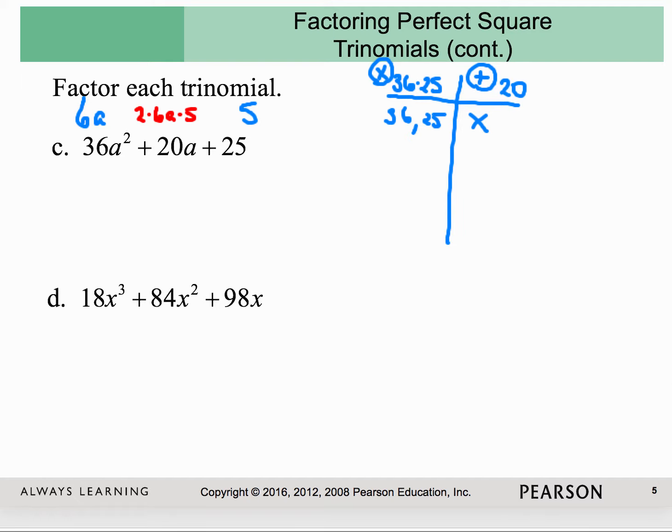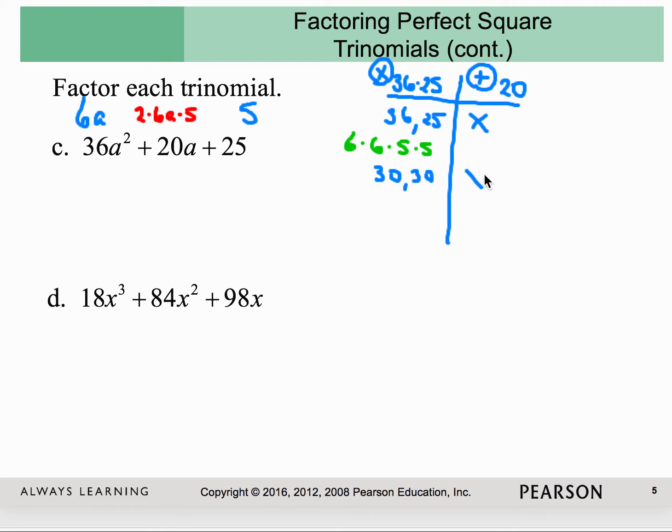So let's break that down a little bit. Let's make this maybe 6 times 6, and this one 5 times 5, and see if we can move it around a bit. Okay, so I could make this 30 times 30.